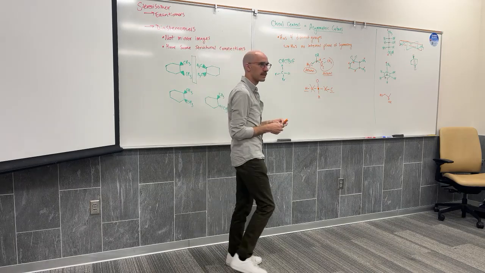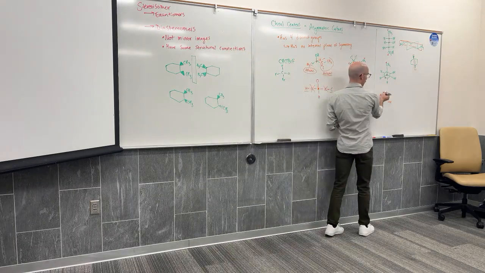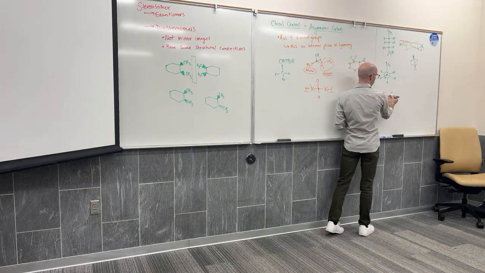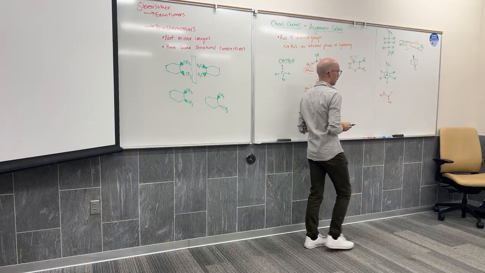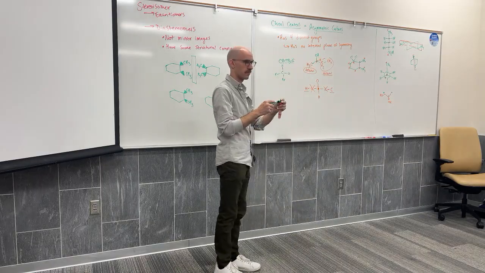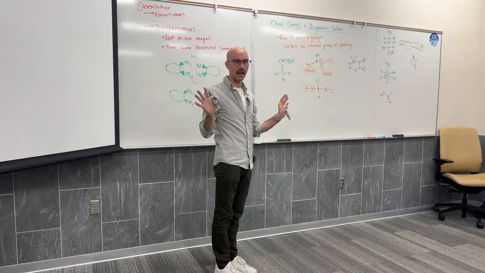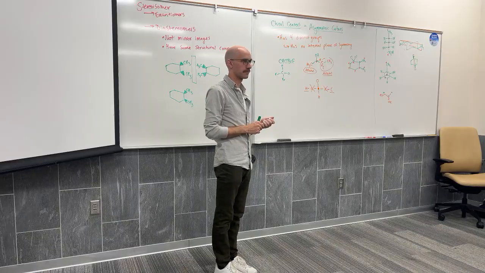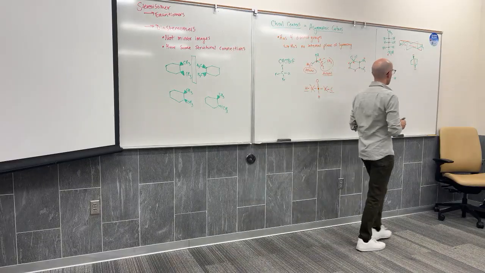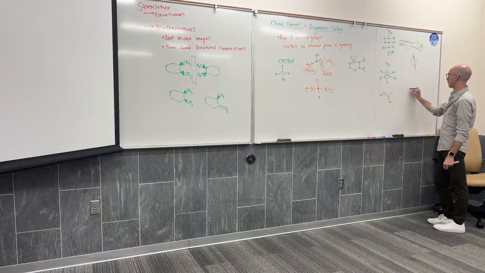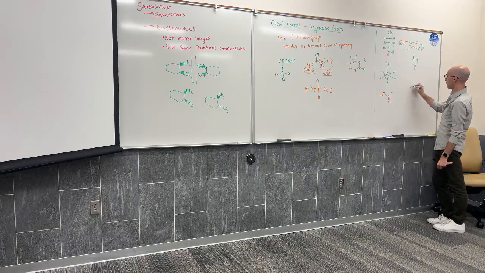And now it's a little bit easier to see. Achiral, achiral, chiral. That center carbon has 4 different things going on. All right, now I want to look at just one more for you.